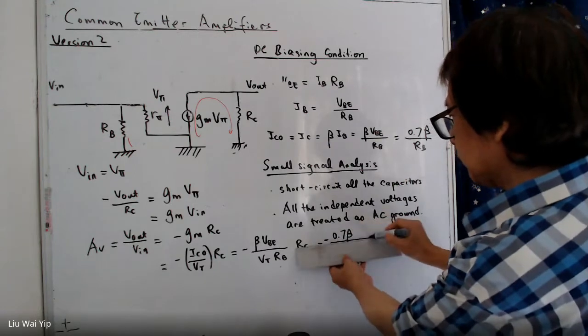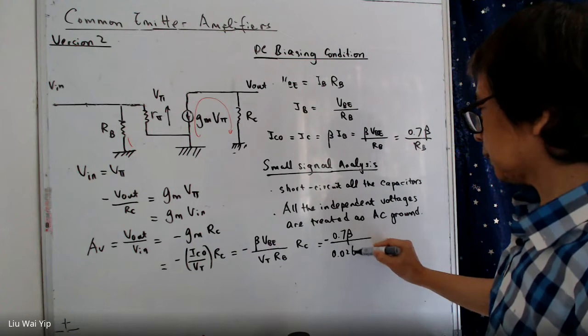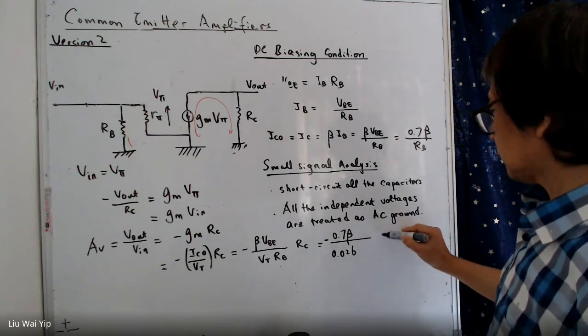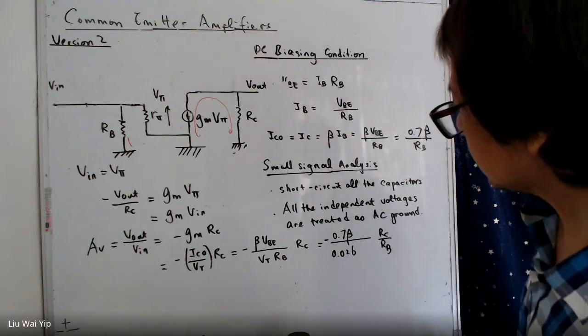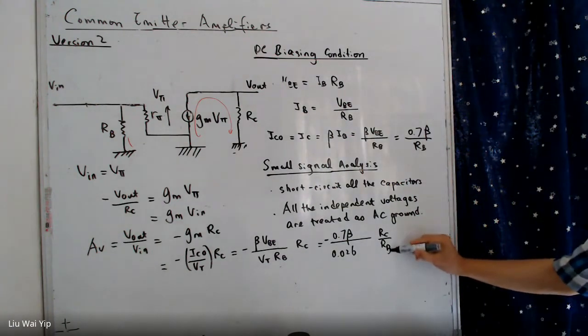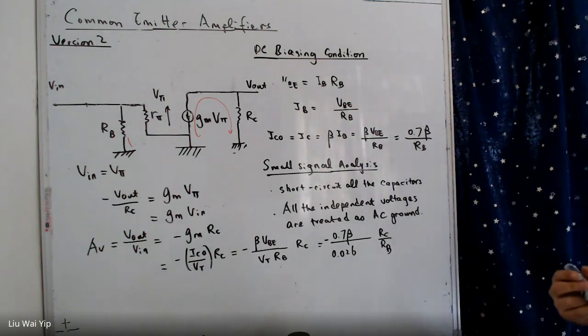And VT is 0.026. So this is version 2 of the circuit.